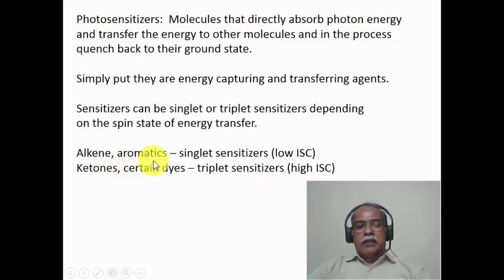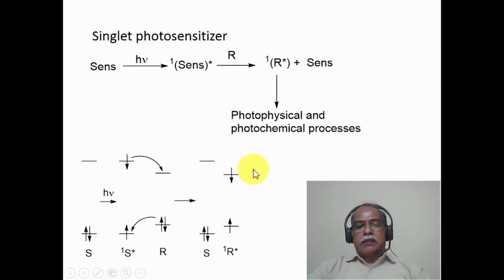In some cases, because of the heavy atom, they also undergo intersystem crossing with high efficiency, and these are typically triplet photosensitizers. For example, benzophenone or anthraquinone are very good triplet sensitizers because the intersystem crossing efficiency of the n pi star state is very high. So hence they are the triplet sensitizers.